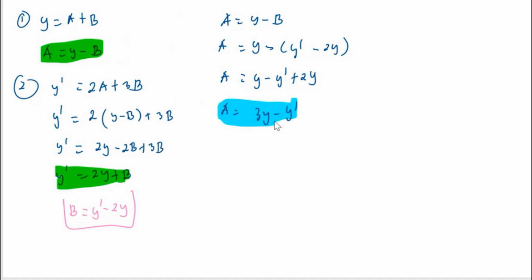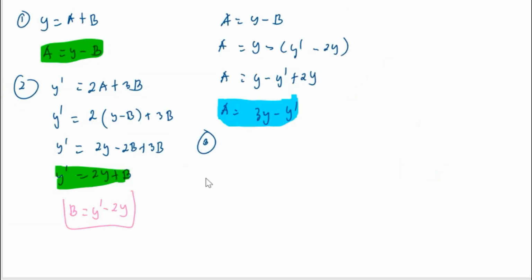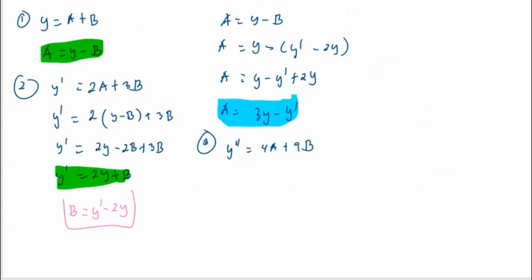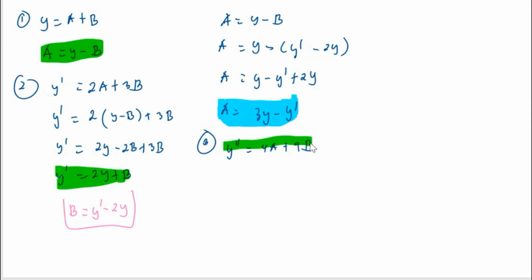So we have defined now the value of a and b. Since we know already the meaning of a and b, we can now use the third equation from the second derivative, which is y double prime equals 4a plus 9b. We are using that one now, wherein we can substitute the meaning of our a and b.